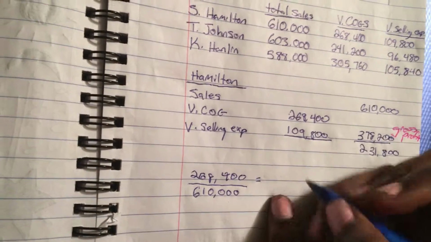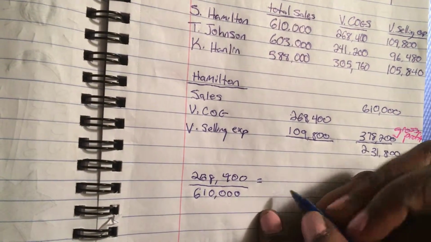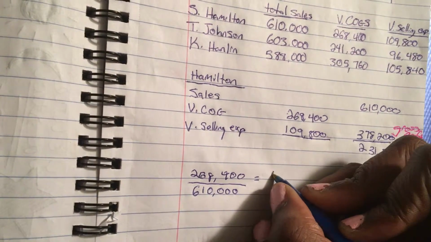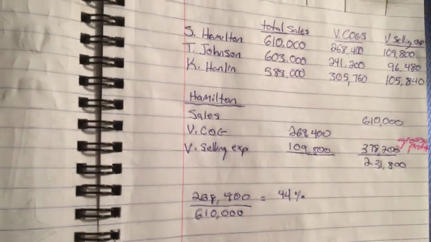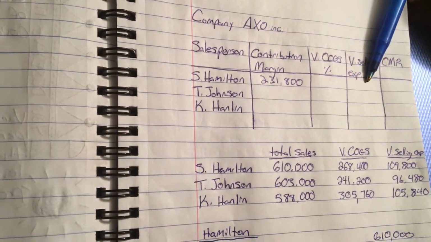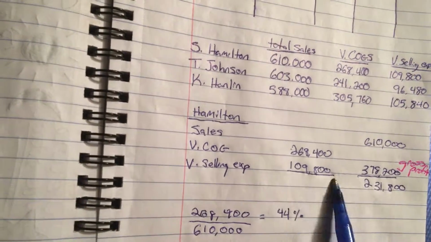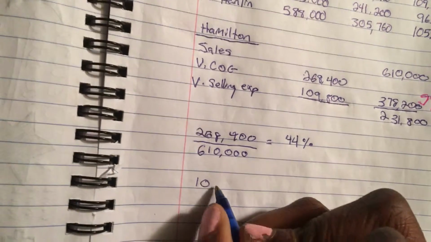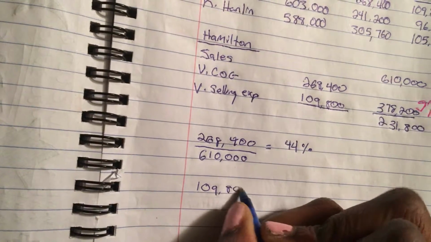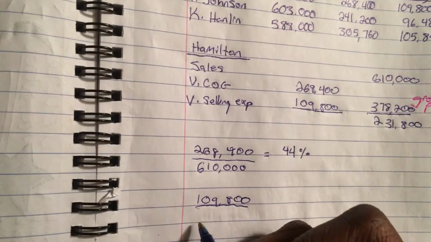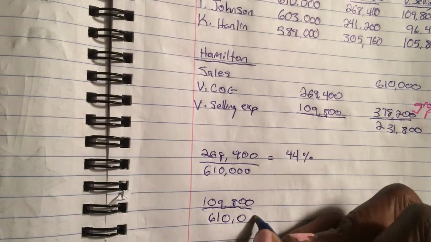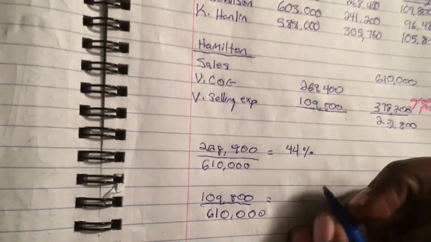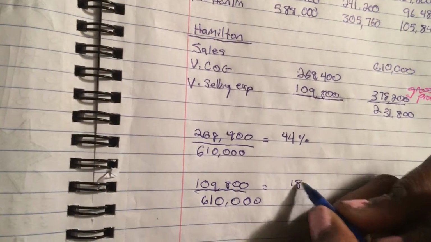After you calculate that, you will see that her variable cost of goods sold percentage is 44%. To calculate her variable selling expense, you'll take her variable selling expense total and again divide that by her total sales. After calculating that, you'll see that her percentage is 18%.